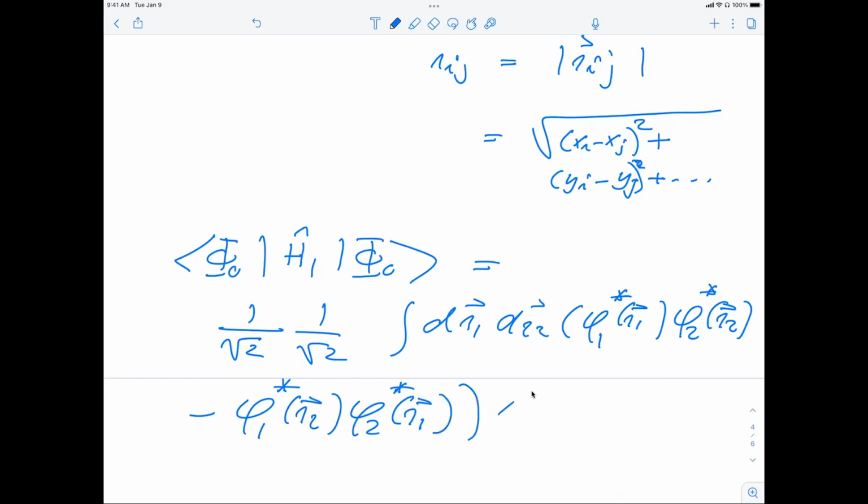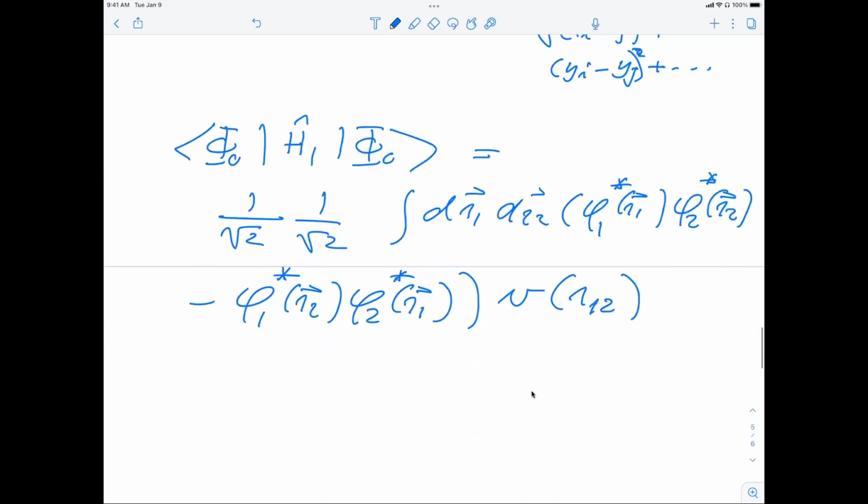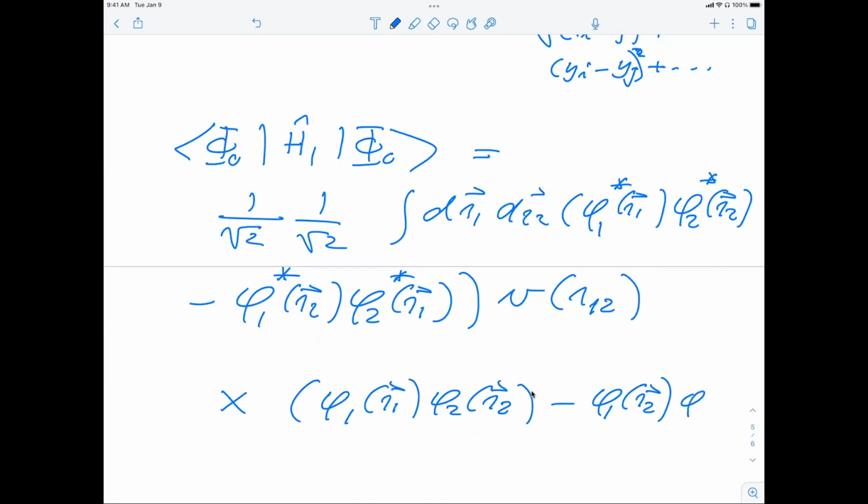This is now multiplied with this operator, which is v of r12. And this is multiplied with phi 1 of r1, phi 2 of r2, minus phi 1 of r2 and phi 2 of r1.